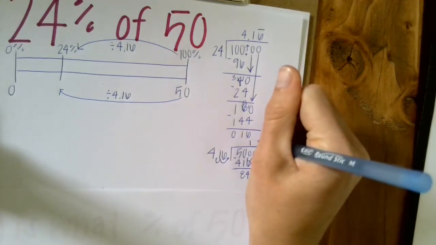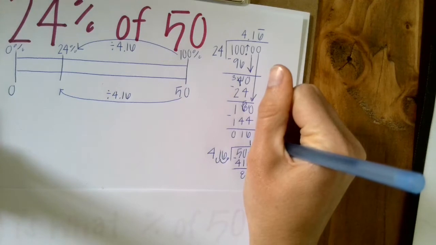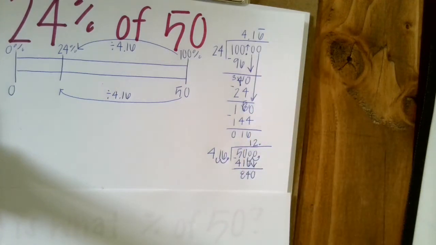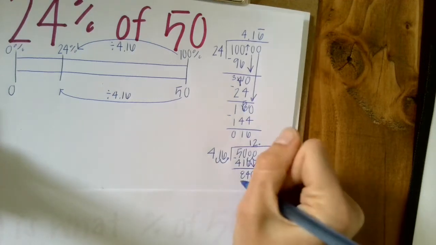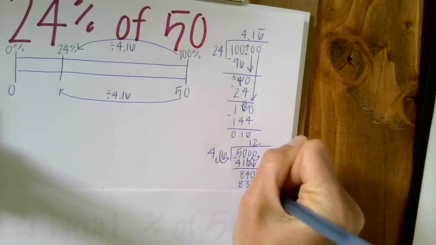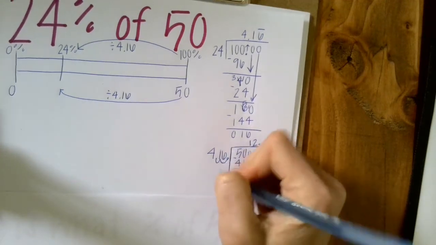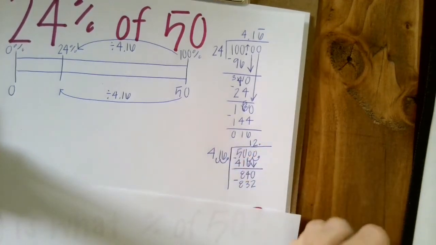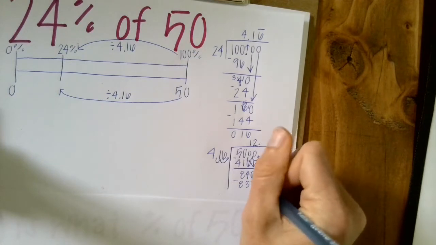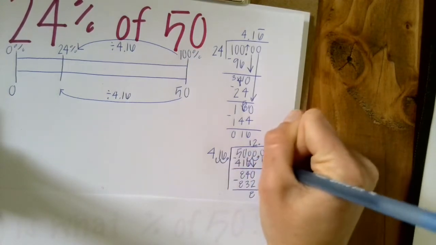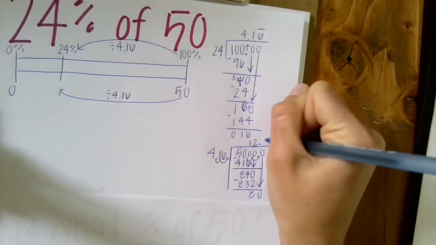So it can go in 2 times, 832. One thing that sometimes helps me is listing the multiples down to this side. And just a quick tip for you. Once I subtract this, I get 8, 0, bring it down, 0.